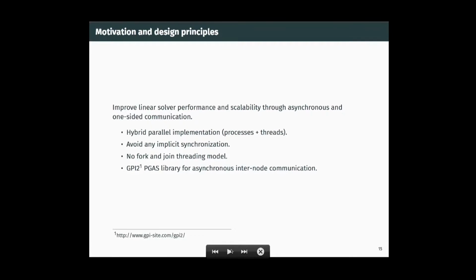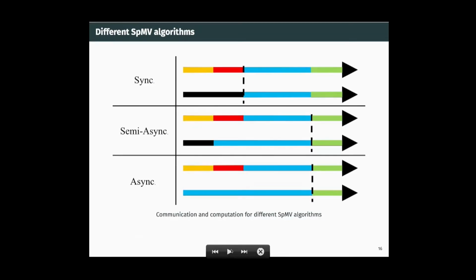And of course, such an asynchronous communication library only helps if we have asynchronous algorithms. So let's have a look at different algorithms to compute the sparse matrix vector product. So here for each algorithm, you can see 2 arrows. The upper one represents what we call communication threads. Those are the threads that take care of the internode communication.